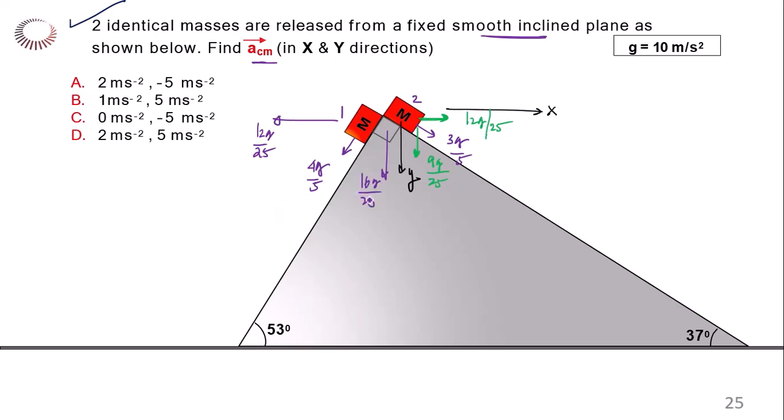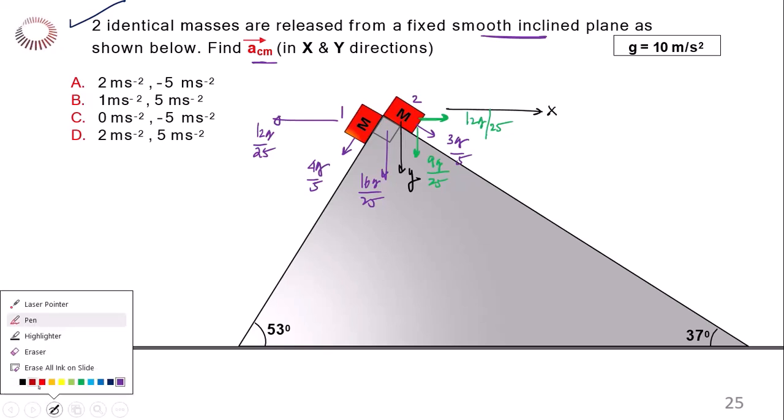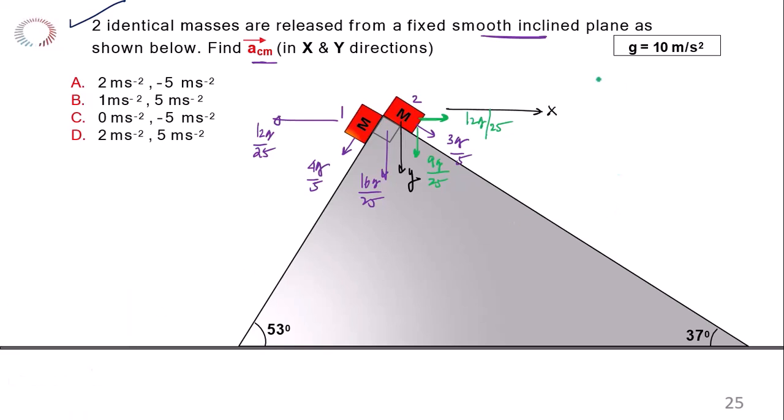These are the different accelerations of the masses along x and y. If I want to calculate the acceleration of the center of mass along the x direction, it should be m1 a1x plus m2 a2x, divided by m1 plus m2. That will be your answer.